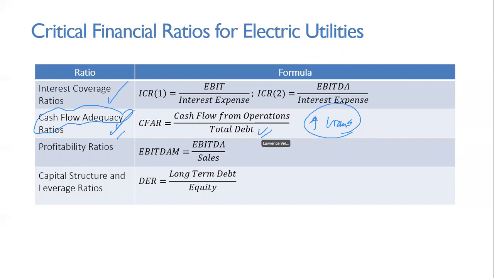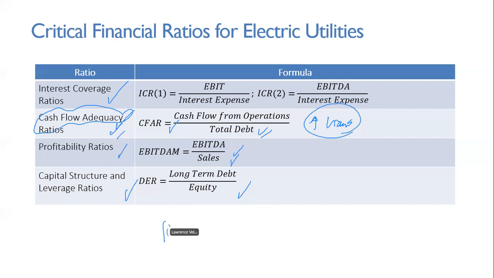Okay, so that's why this is an additional ratio that you can compute. Okay, of course, profitability ratios, just like the normal ones, no, and capital structure ratios, just like the normal ones.